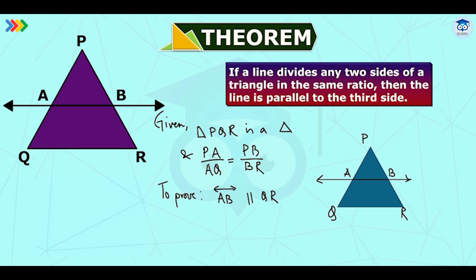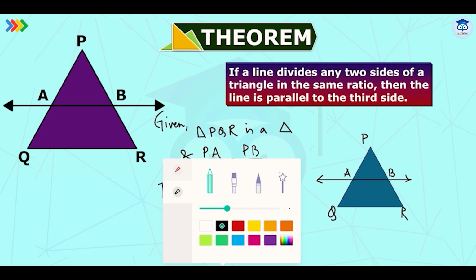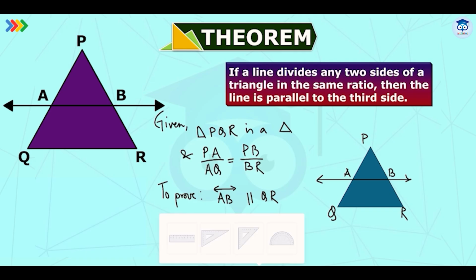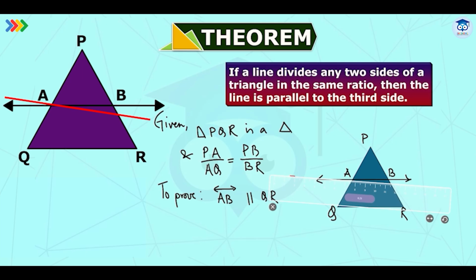So for this, let's assume that this is not parallel. If this line is not parallel, then we can draw a line parallel to QR passing through A. It can be below or it can be up. Something like this it will come.